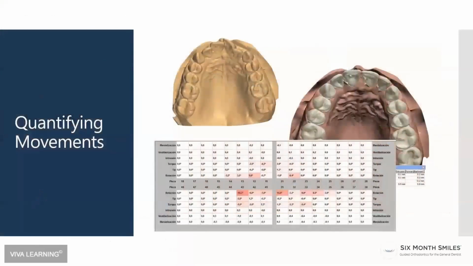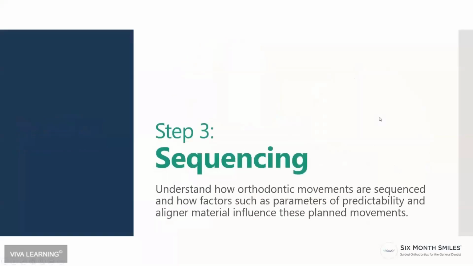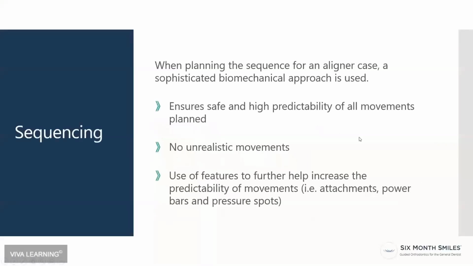When we plan the cases, obviously we quantify the movements. We look at all the collisions, all the interactions between teeth, and we produce specific values and guidelines that will ensure the predictable movements throughout the therapy to achieve this final position. Let's look at the sequencing. We need to understand how orthodontic movements are sequenced and how factors such as parameters of predictability and aligner material will influence these movements.